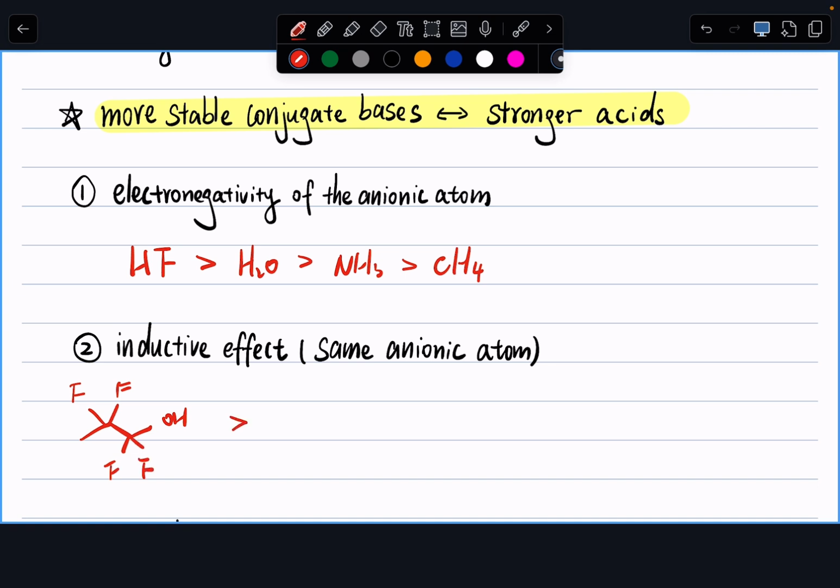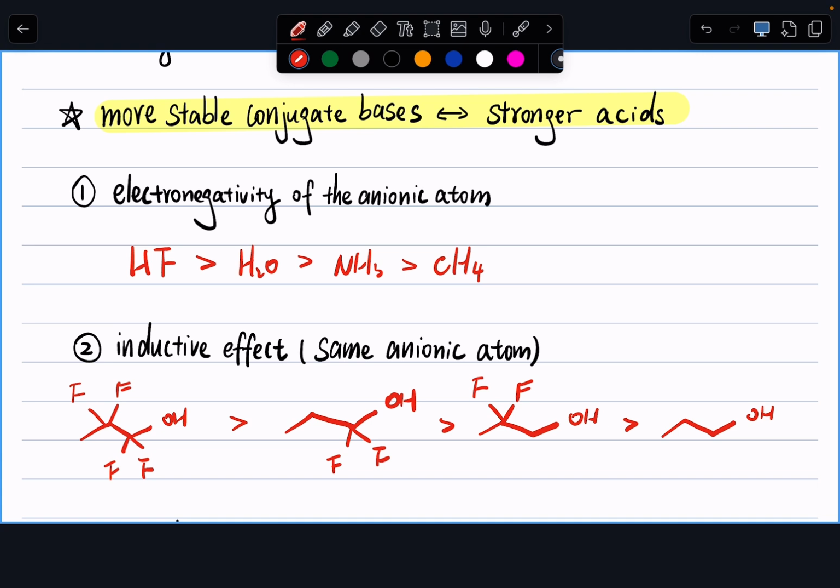So this one with 4 of them will be more acidic than the molecule with only 2 of them. And then the position of the fluorine also matters. And then the unsubstituted one.